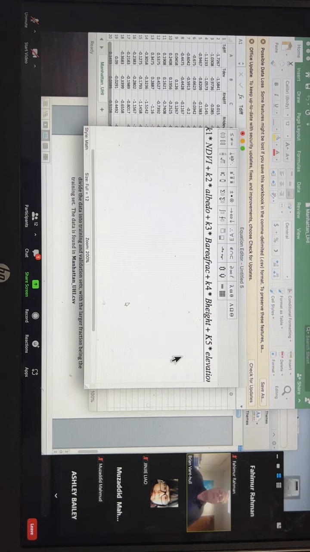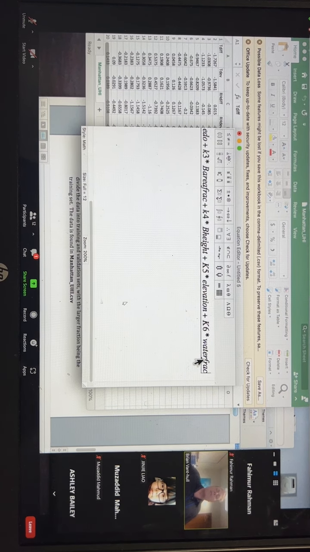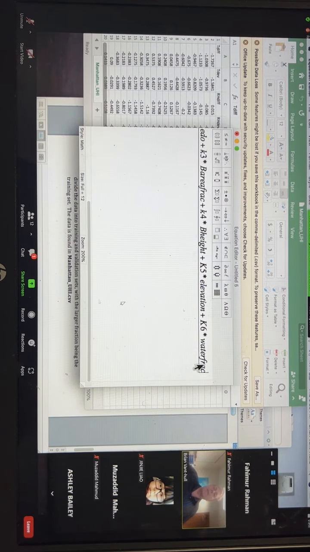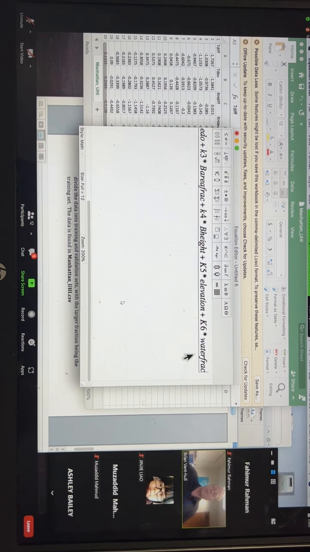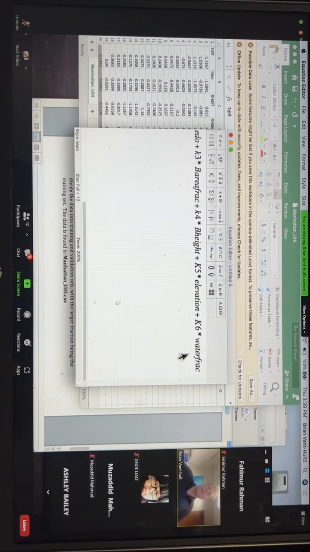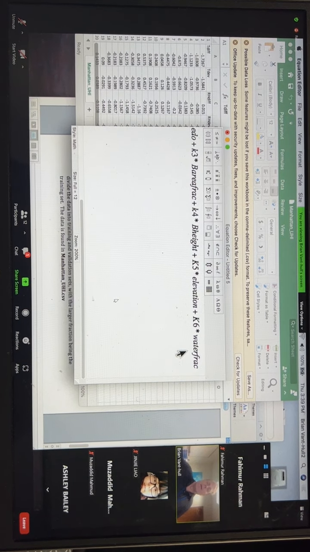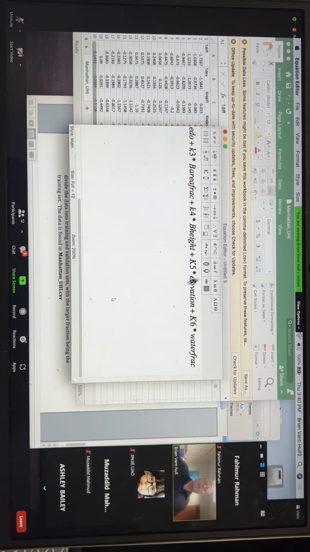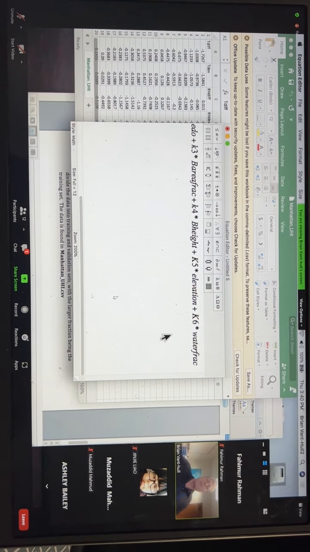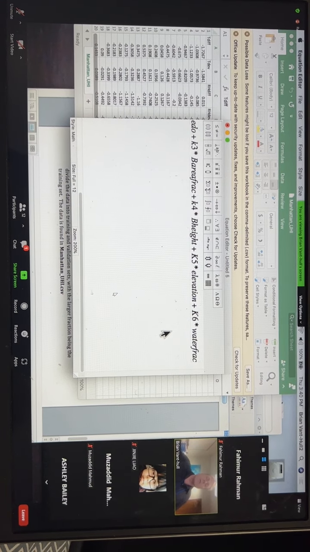Okay, now you may find it problematic because water fraction has a whole bunch of zeros, so maybe standard deviation isn't the best thing to use, but you can maybe scale it differently, something like that.